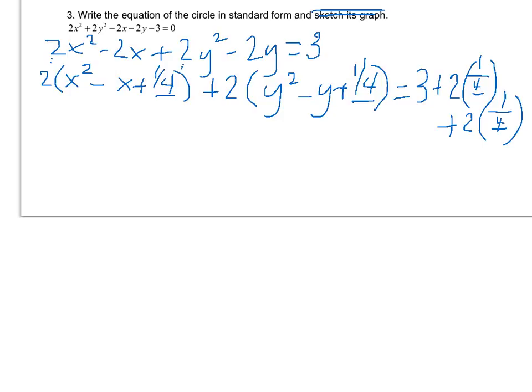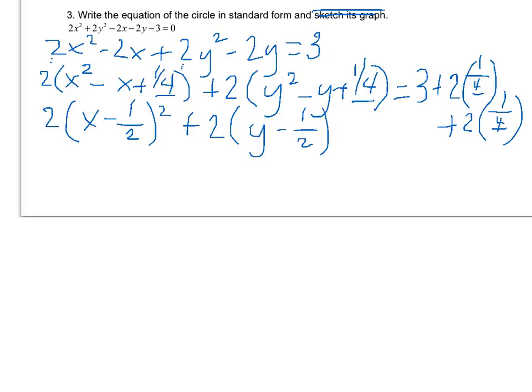And now we can factor that. So it's 2 times the quantity x minus a half, quantity squared, plus 2 times the quantity y minus a half, quantity squared, equals a half plus a half is 1 plus 3 is 4.